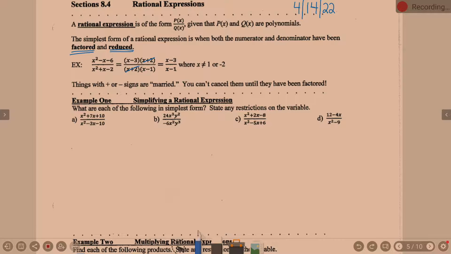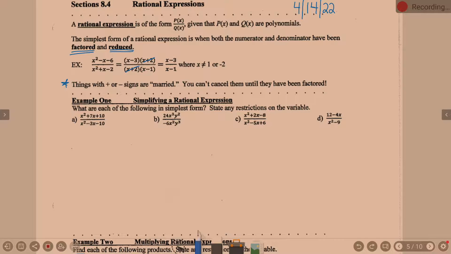I think I mentioned this the other day in class. I know I mentioned it in one of my classes recently. Terms with plus or minus signs, you sometimes hear this in math, that they're married. You can't cancel them until they've been factored. When we are trying to find holes, I know I mentioned that in one of my algebra classes.